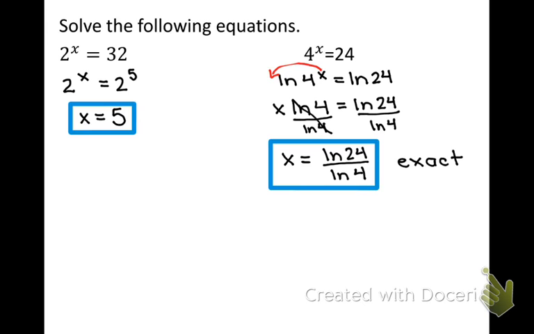So, for example, if I wanted the answer to 4 decimal places, I would have to put into my calculator the natural log of 24 divided by the natural log of 4, and I would get that x is approximately 2.2925. That 8's going to round that 4 up to a 5 in that 4th decimal place. So this is my approximate answer.